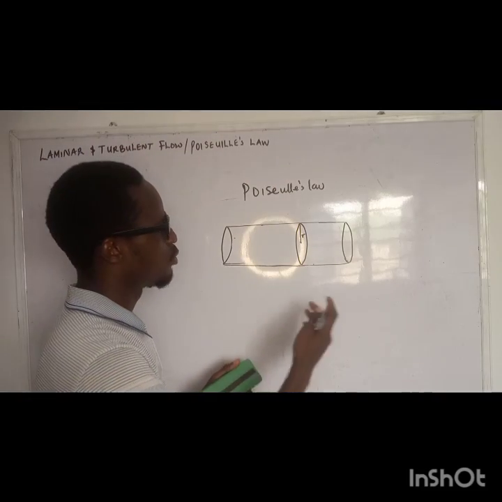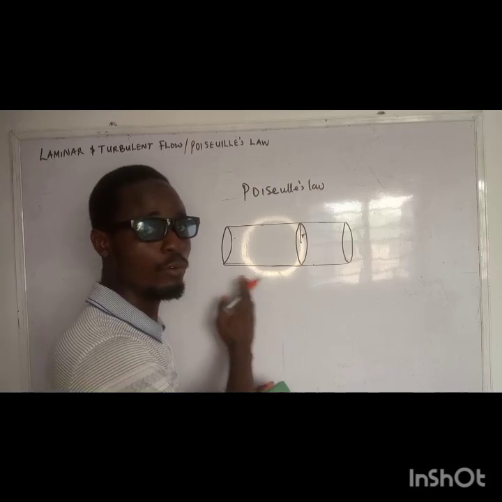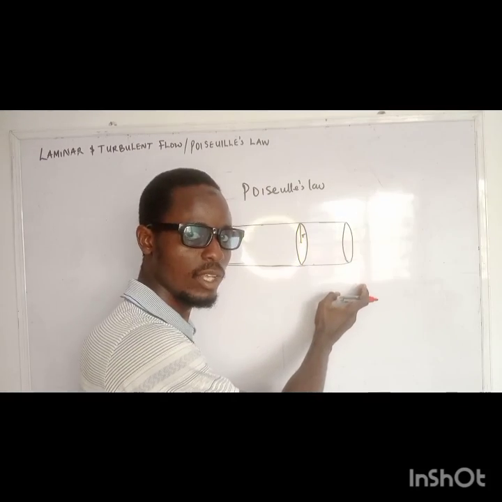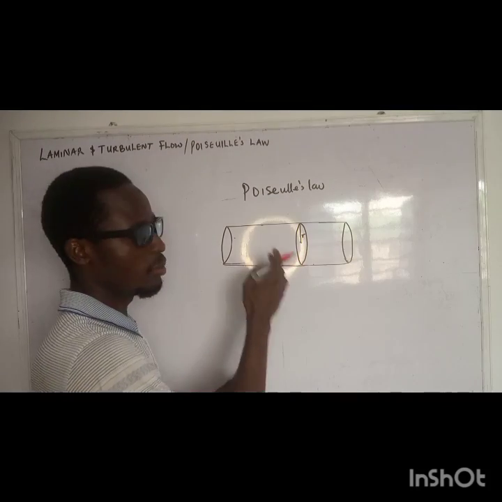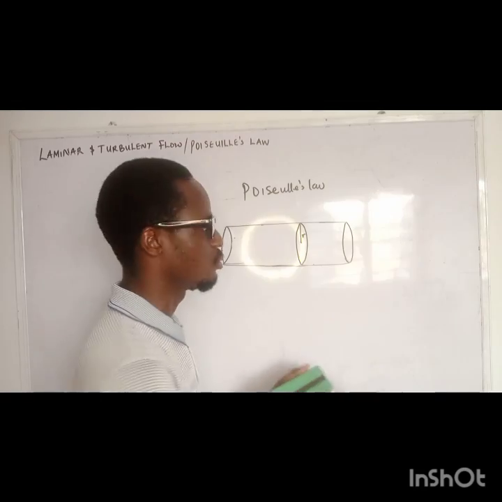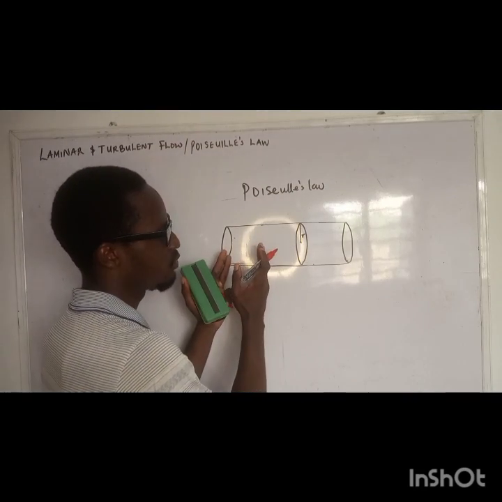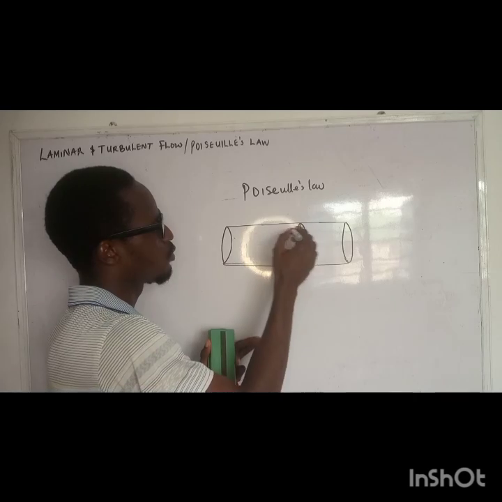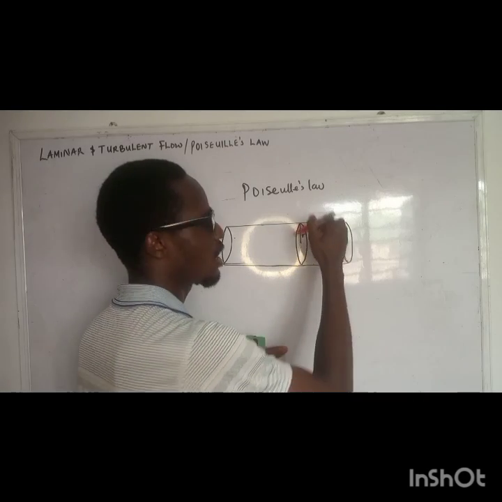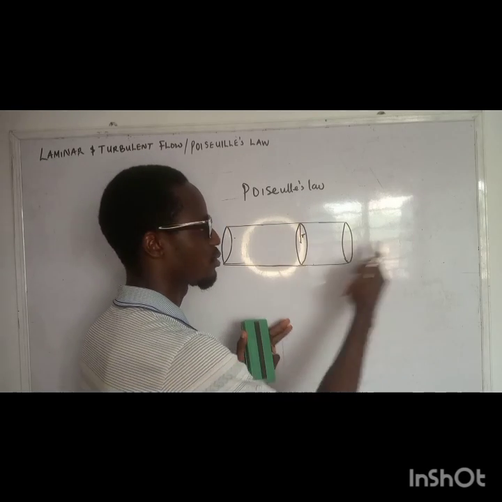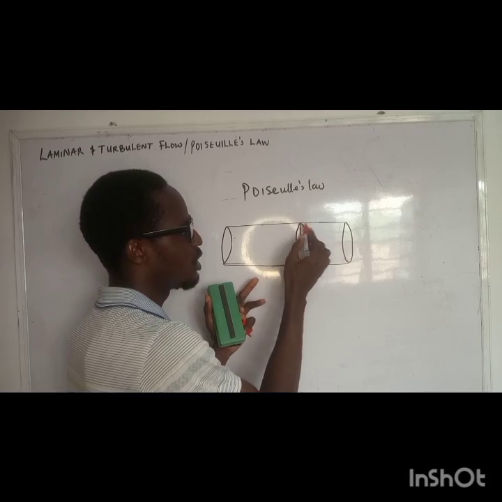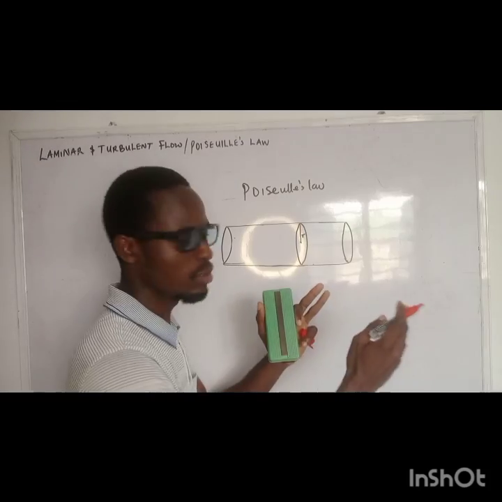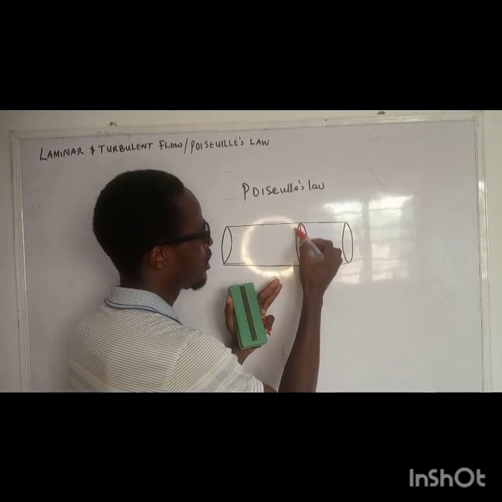When we say flow rate, we mean the rate at which the fluid flows with time. When we talk about the volumetric flow rate, we talk about how the volume of the liquid flows across the pipe. So the volumetric flow rate involves the cross-sectional area of the pipe and the fluid flowing across. Then the unit volume of the fluid, when we say unit volume, that is the area.